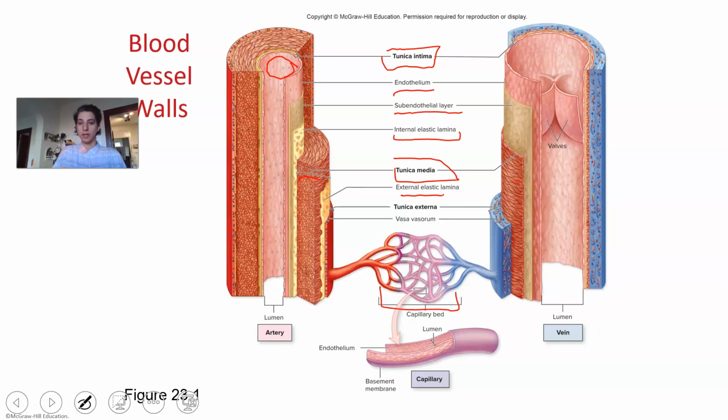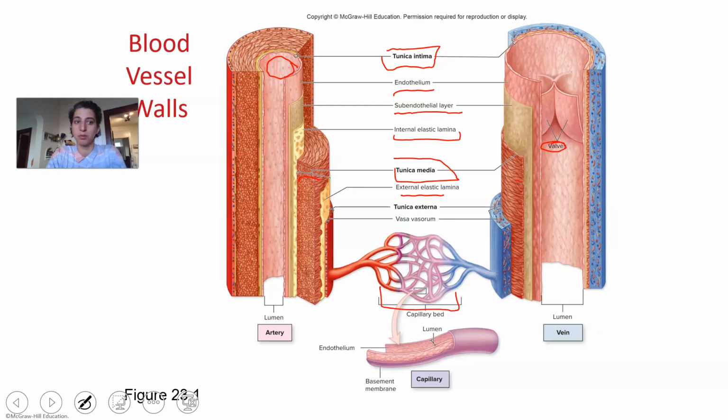So in arteries, as opposed to veins, you have two layers of this lamina with lots and lots of elastic fiber that allows the artery to stretch and recoil in order to receive those pulsations of blood. Whereas veins do it a little bit differently, right? And we'll talk about veins. You can see here, some veins have valves to prevent pooling of blood and to push blood back to the heart, okay?